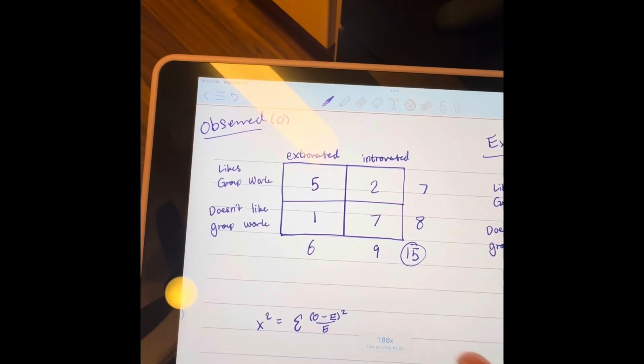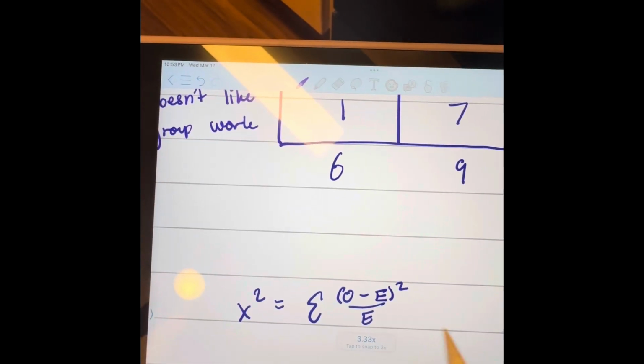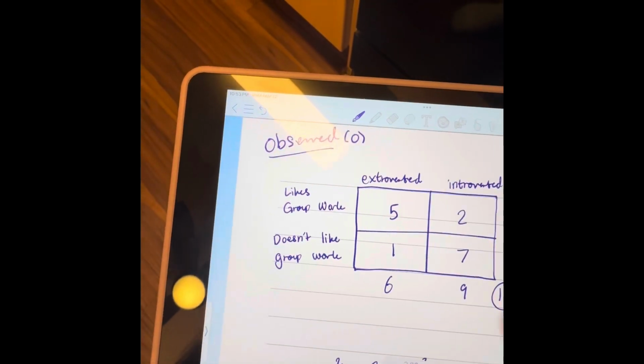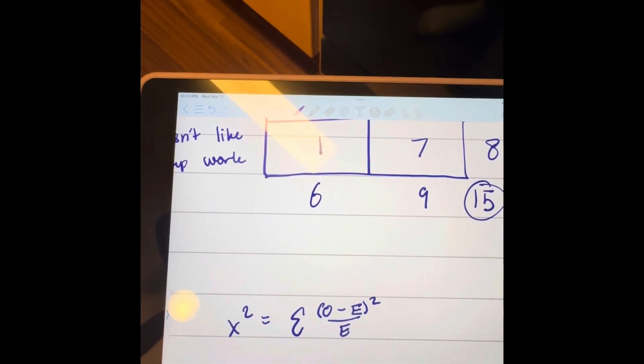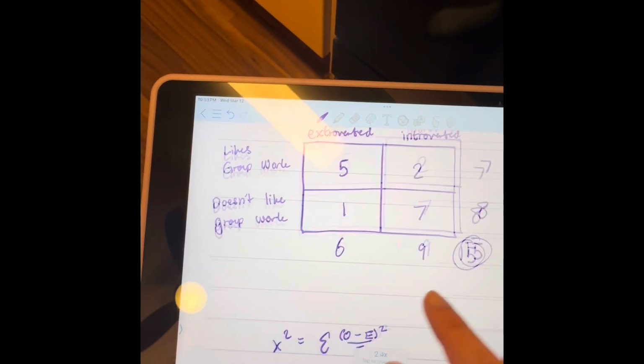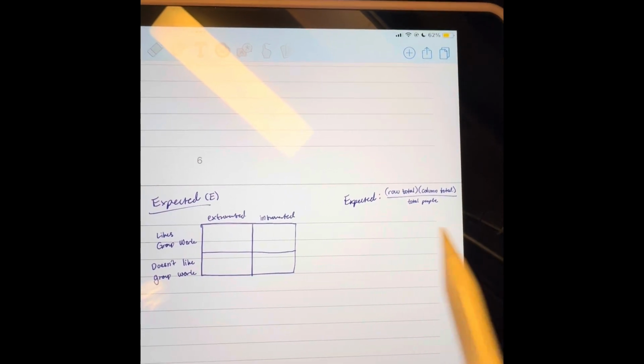Now, in order to do the chi-squared test, we use this formula, which is observed, which is the survey results, minus expected squared all over the expected values. In order to find the expected values, we find the row total times the column total over the total people surveyed.